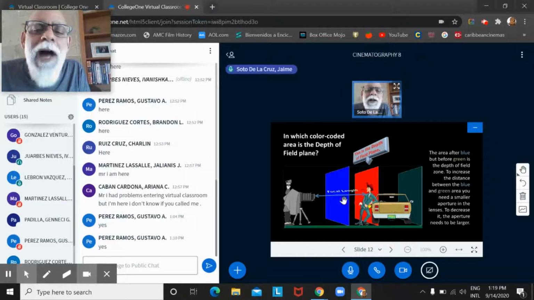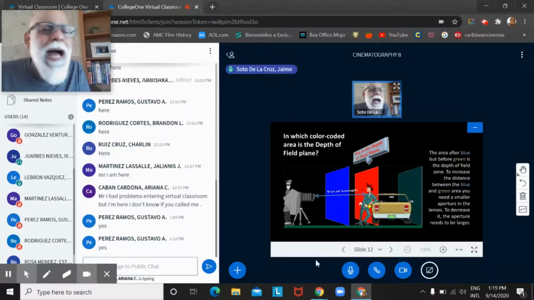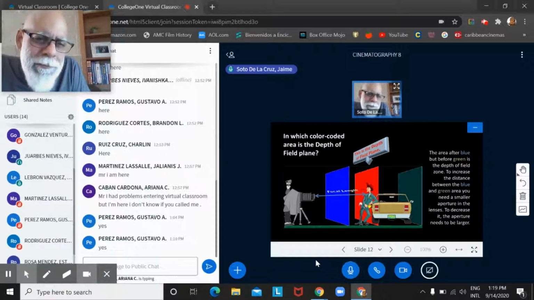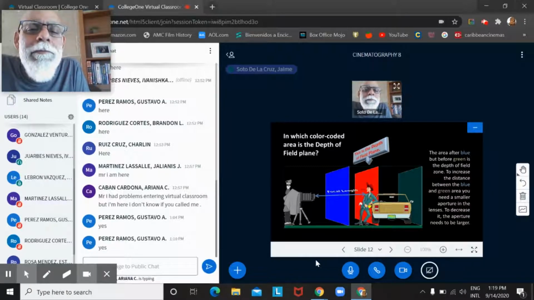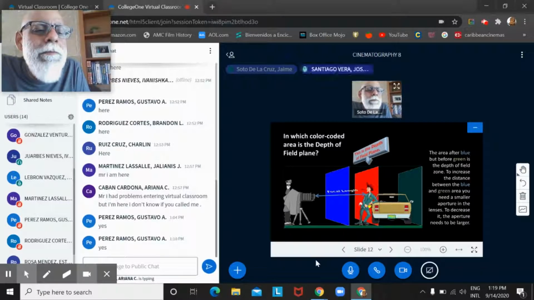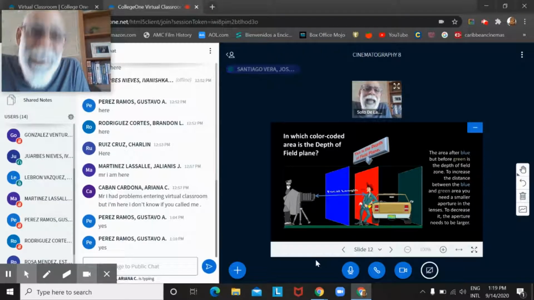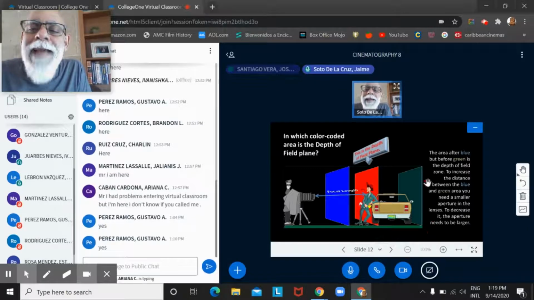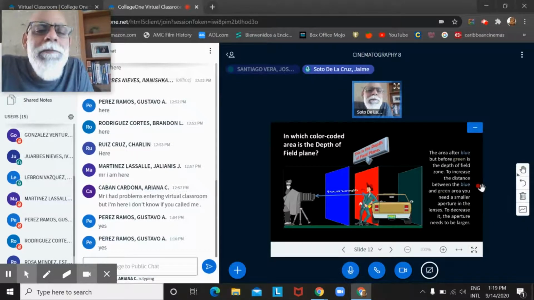If I'm looking at an object that is between the camera and the blue area, how is it going to appear? In focus or blurred? Exactly. And everything that is behind the green, will it be focused or blurred?